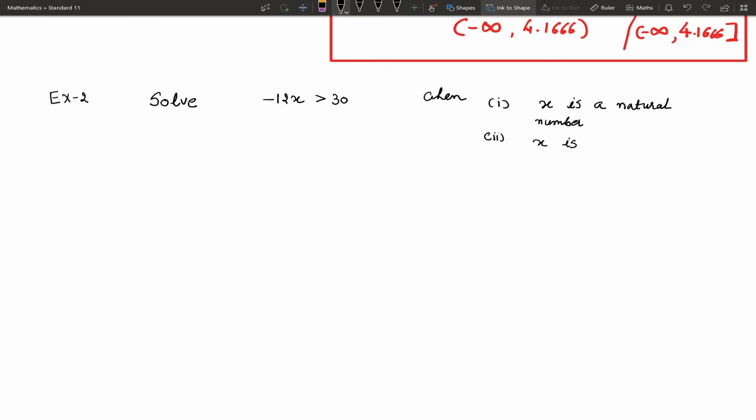So we have to solve this inequality subject to the given two conditions. First, x is a natural number, and another condition is x is an integer. So let us discuss the solution.